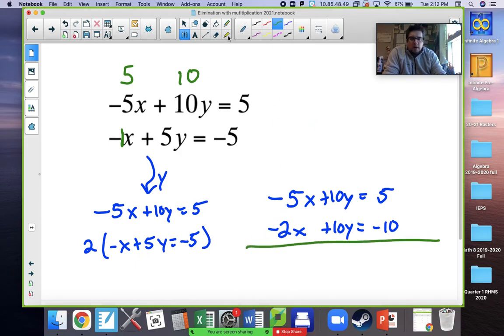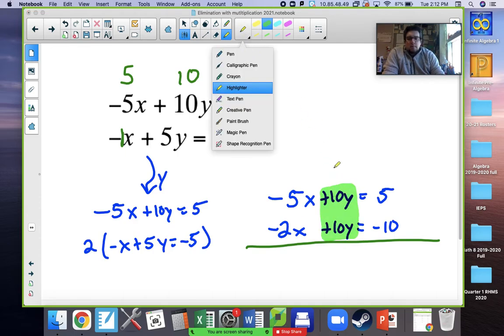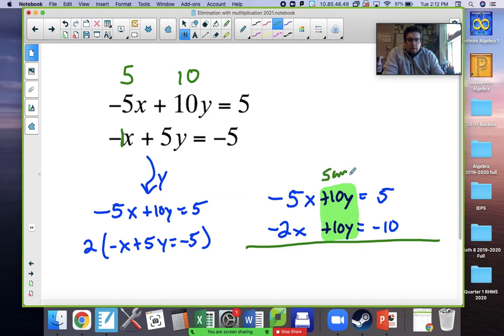So here are my equal coefficients. They're the same sign, so we're going to subtract. Negative 5 minus negative 2 is actually negative 3x. It does help if you write that out so you can see what you're saying. So negative 5 minus the negative 2.